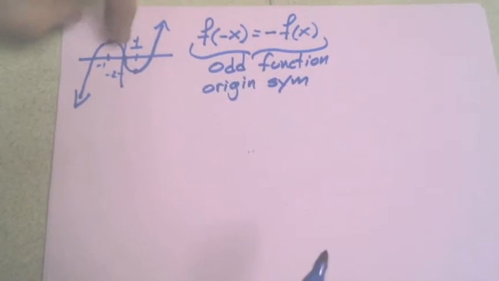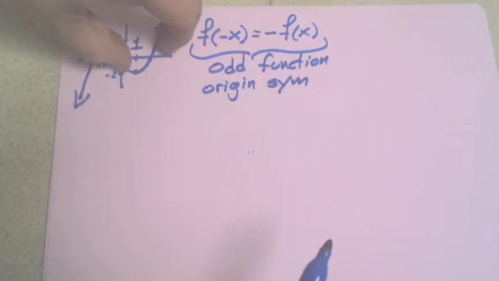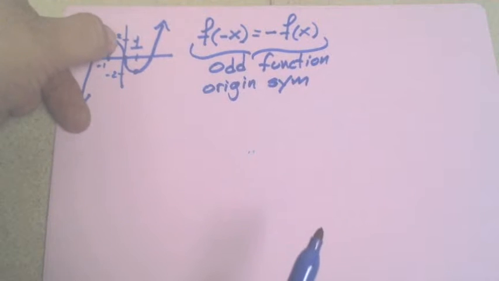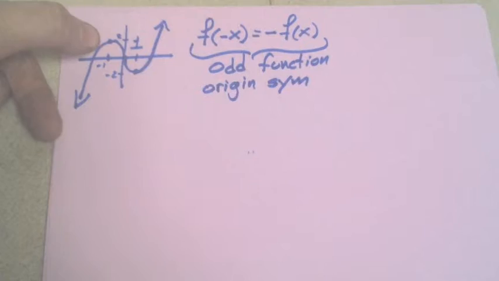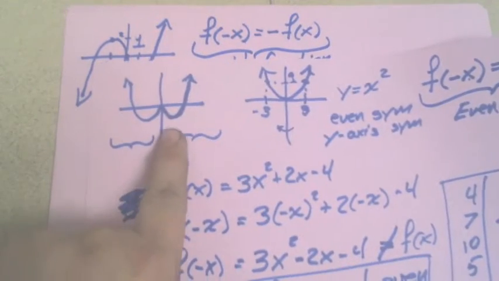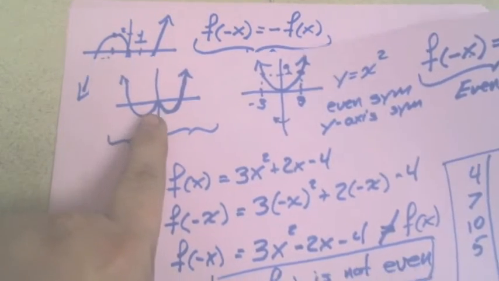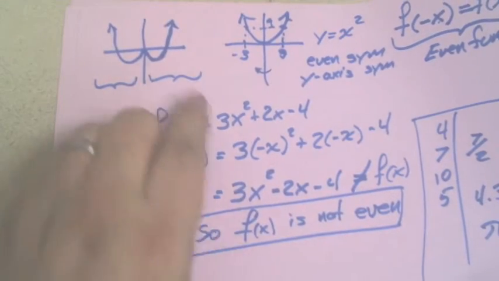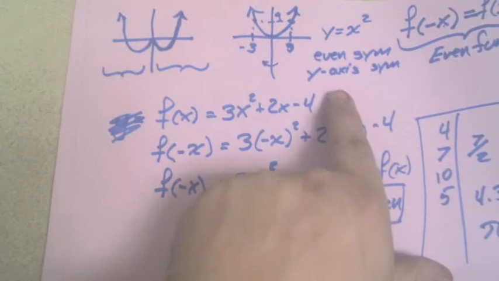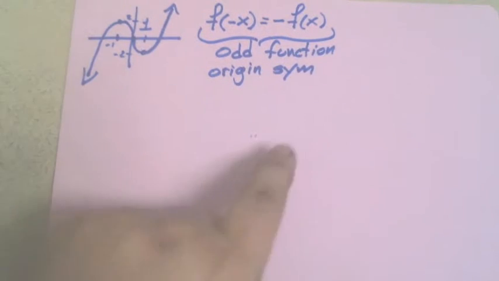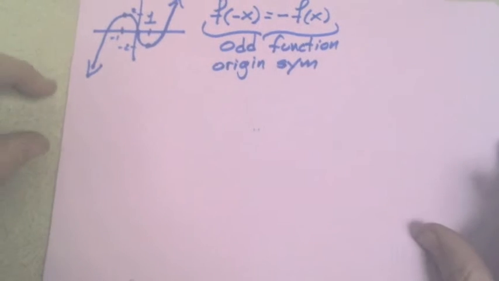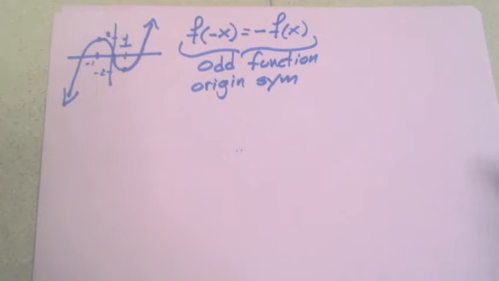As you can imagine, if you took that hook right there and rotated it around the origin, this picture would rotate and land back on this picture, as opposed to this one being a reflection, like from your section 3.5, where it's reflected across the y-axis, called y-axis symmetry. This is more rotated around the origin, so it's usually referred to as origin symmetry, or odd symmetry.